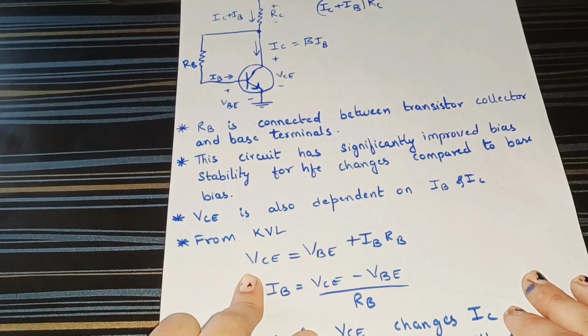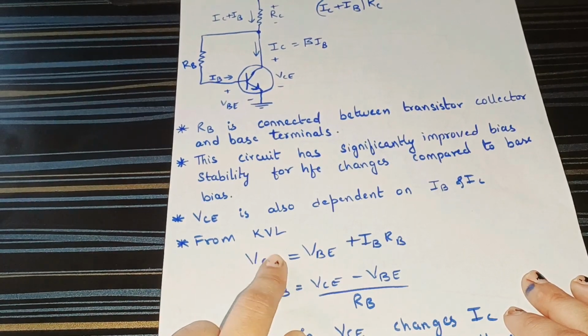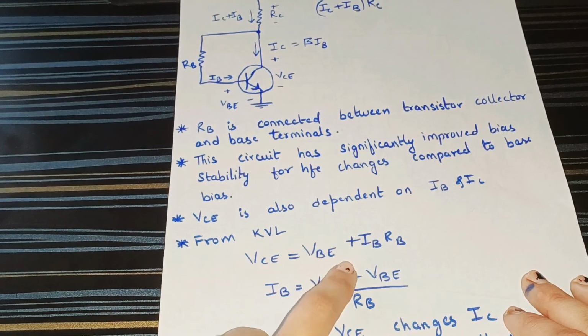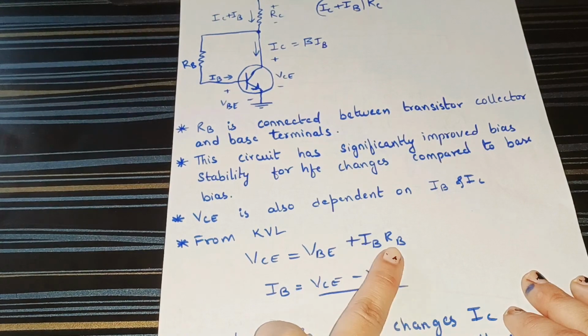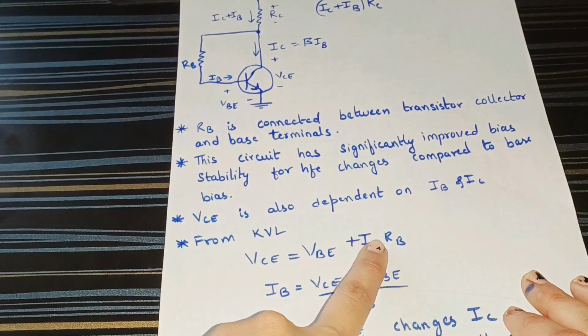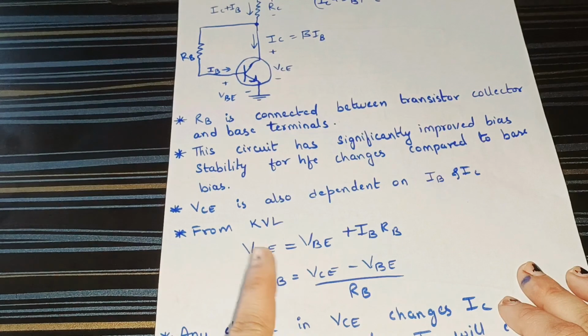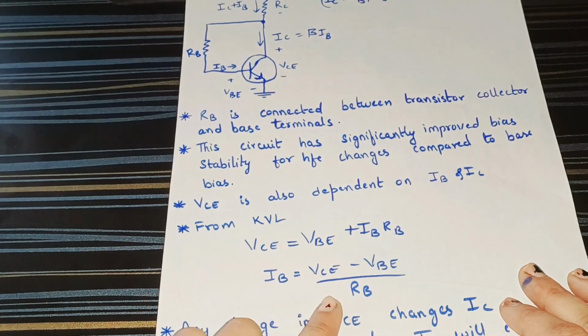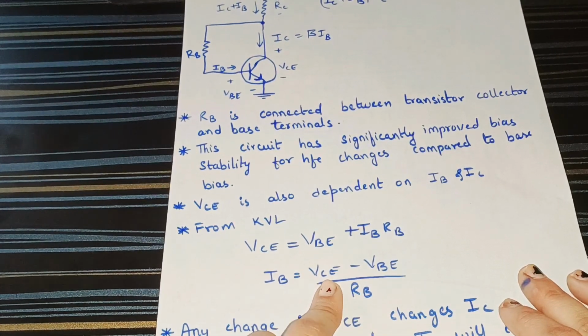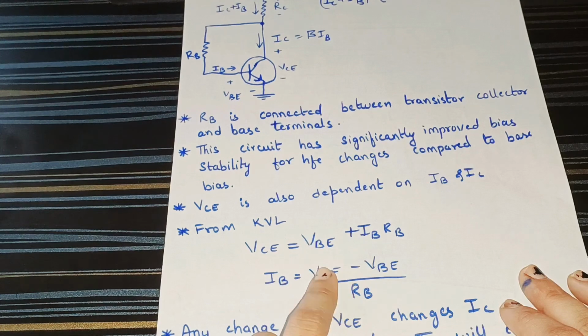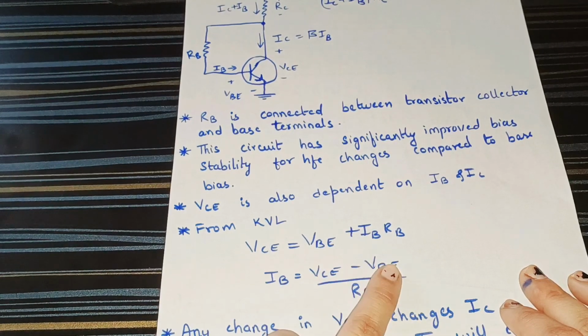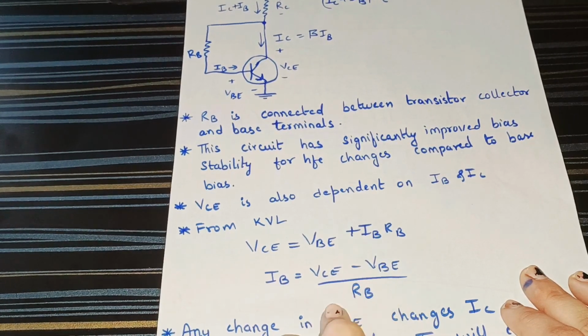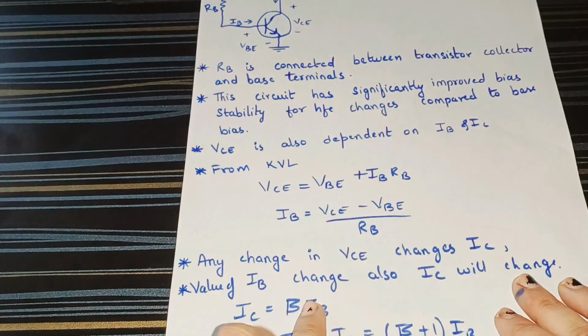From KVL we can find VCE equals VBE plus IB into RB, that is the current across the resistor base, from which we can find the IB value as equal to VCE minus VBE, whole divided by resistor base.